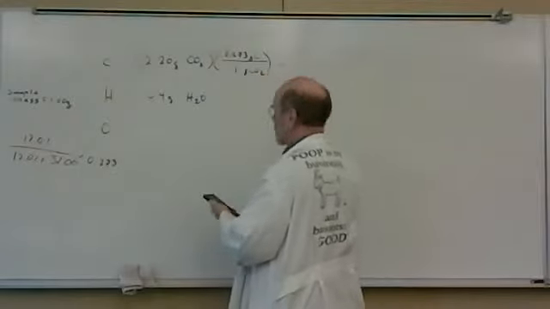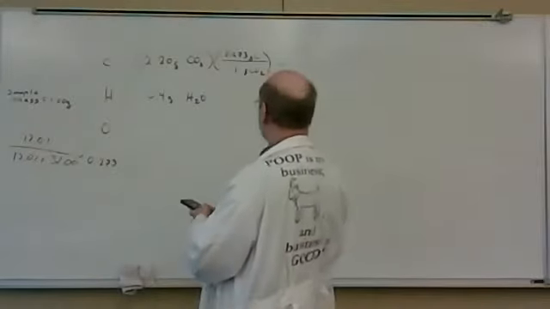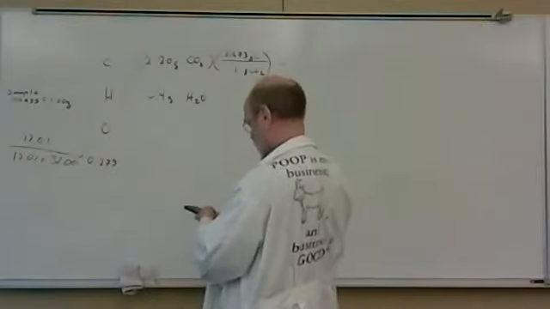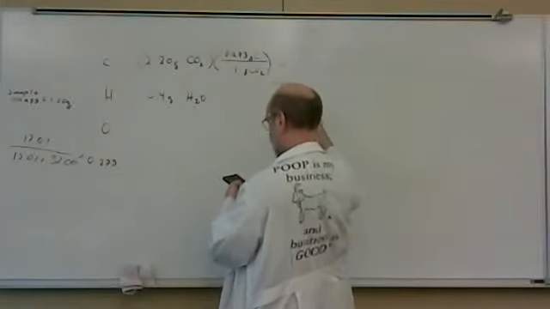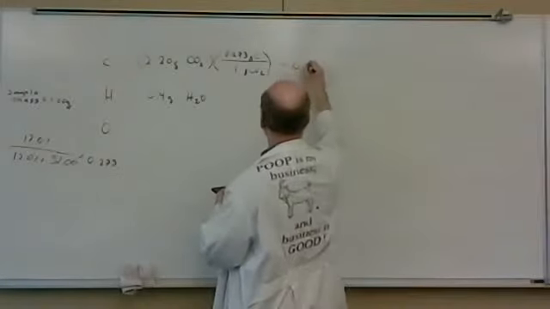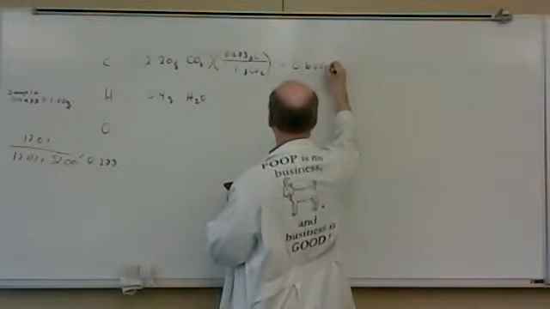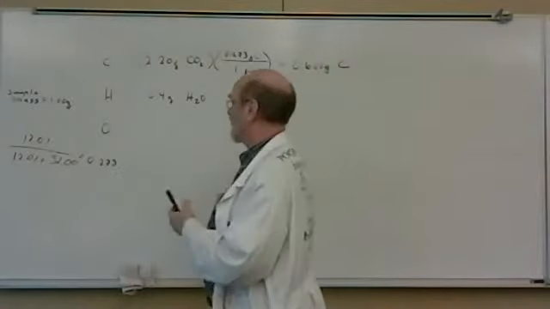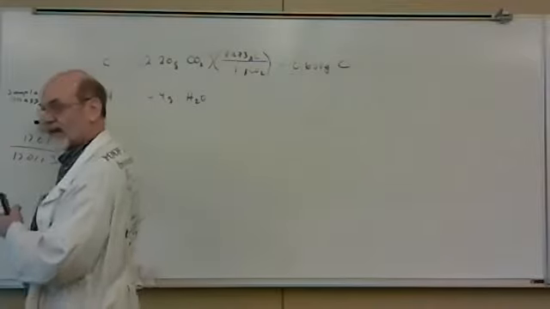Okay, so what do we have here? We have 0.273 and 2.2 gives us 0.6 grams of carbon. That's how much carbon came out of that sample.